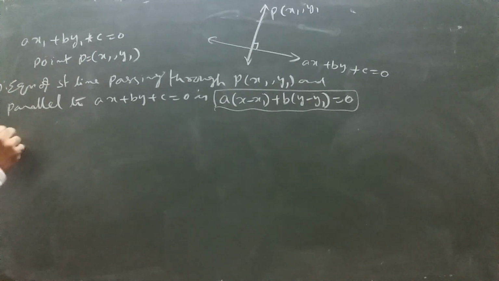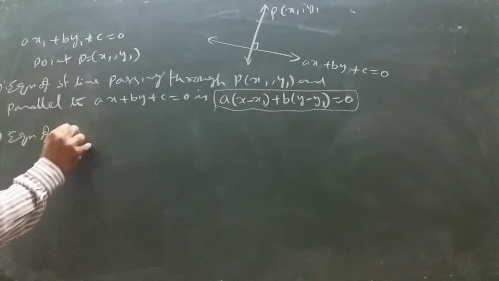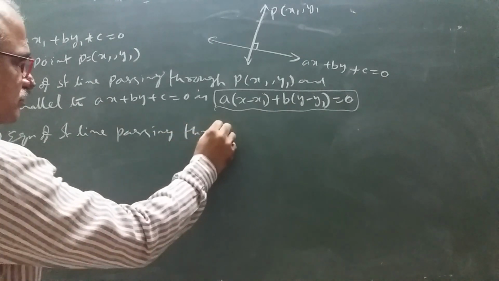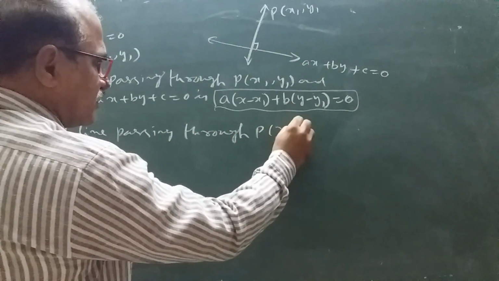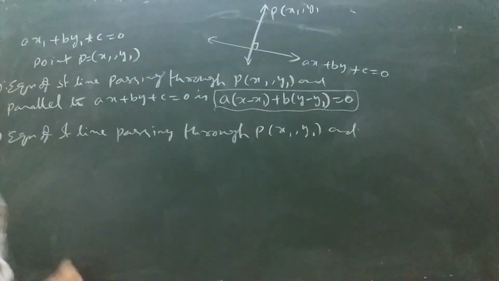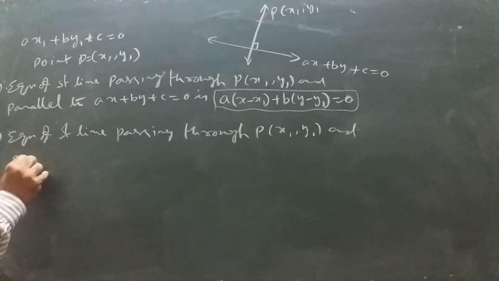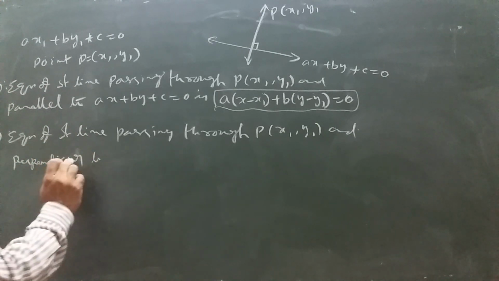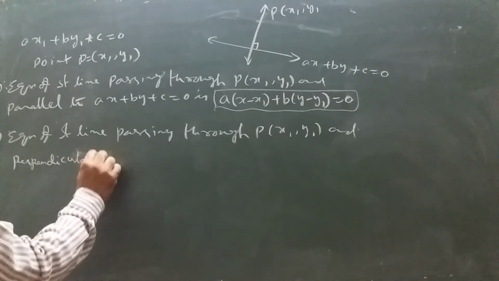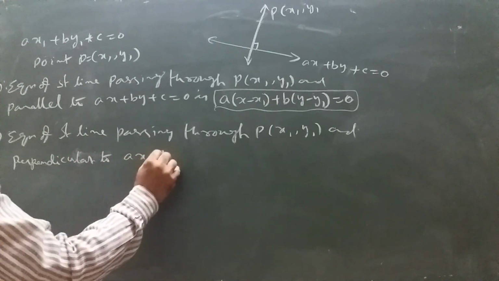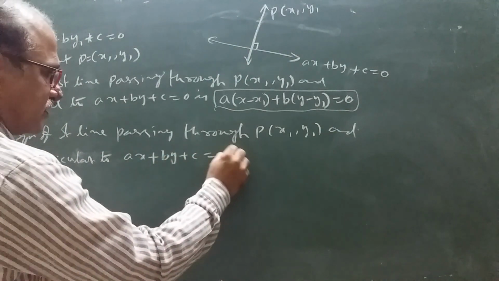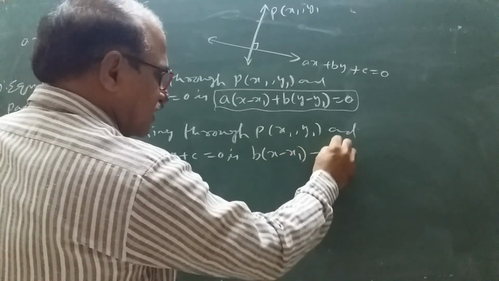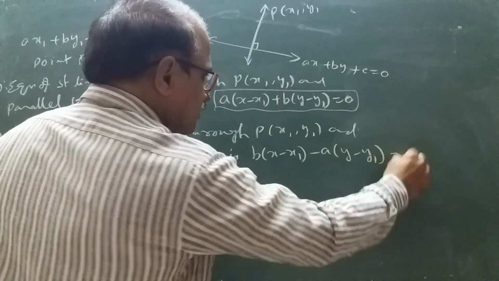That is the first one. The second relation is the equation of the straight line passing through P(x1, y1) and perpendicular to ax plus by plus c is equal to 0 is b into x minus x1 minus a into y minus y1 is equal to 0.